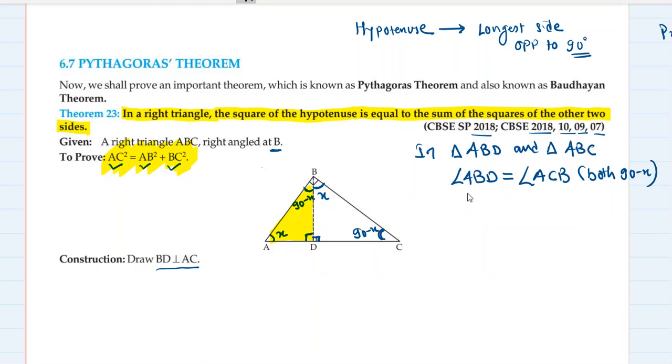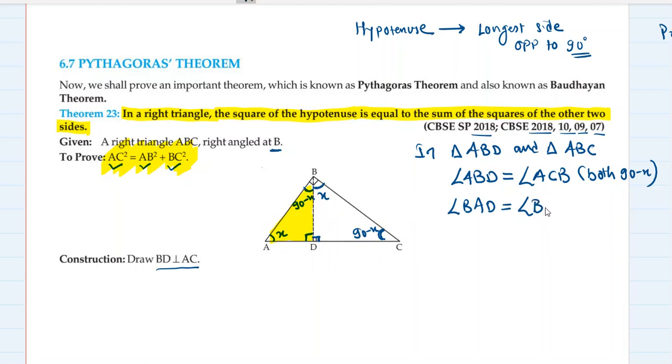Okay. After this, you will write angle BAD to be equal to, angle BAD is x. Which angle is x in the bigger triangle? In the bigger triangle also, this same angle is x. In the smaller triangle, angle BAD is x. In the bigger triangle, angle BAC is x.